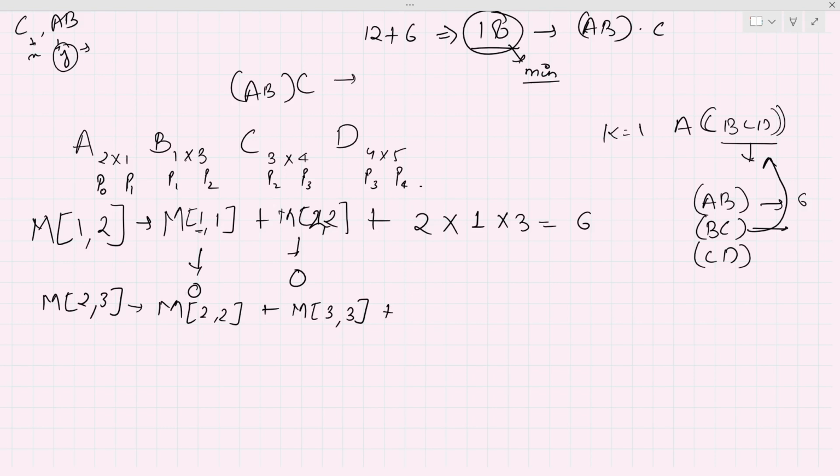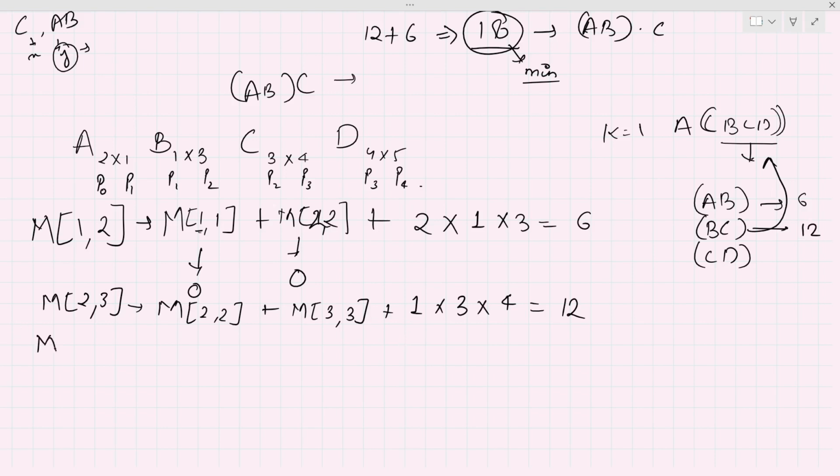Now B is 1 cross 3 and C is 3 cross 4. So what's common in both of the matrices? 3. So we write it as ones, and 4 and 1. The result of this is 12. So the multiplication of B and C is 12.